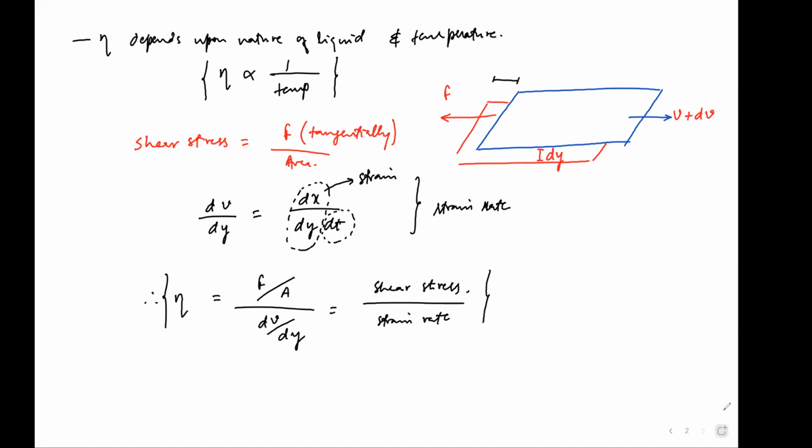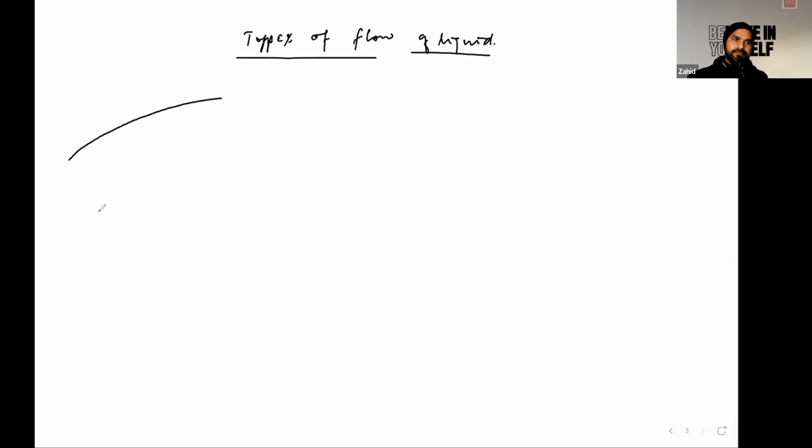Okay. Now, on the basis of this viscosity, we may define types of flow of liquid in different tubes. So next is types of flow of liquid. Suppose there is a tube having variable cross section.